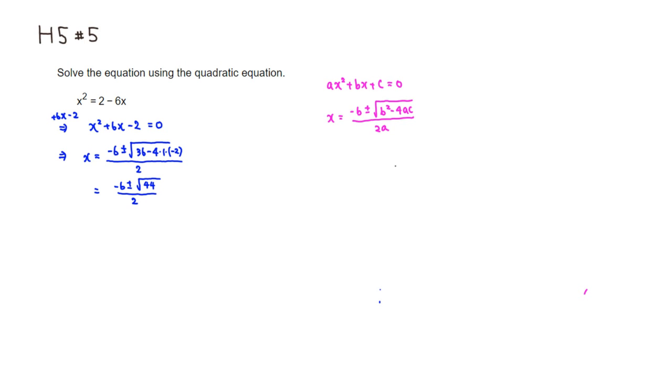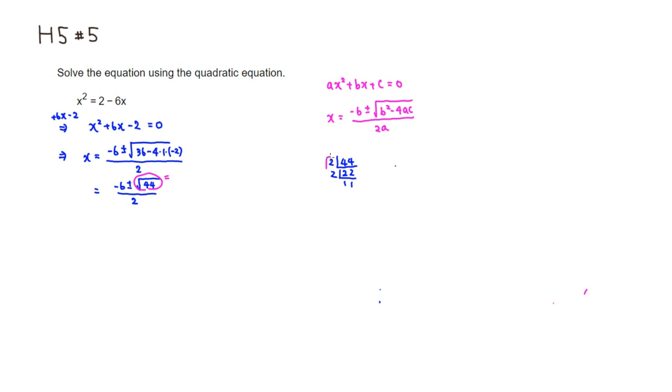Since we can rewrite 44, let's see, it's an even number, so it's 22, still even, 2, then 11. So 44 is 2 times 2 times 11, which means we can rewrite the square root of 44.